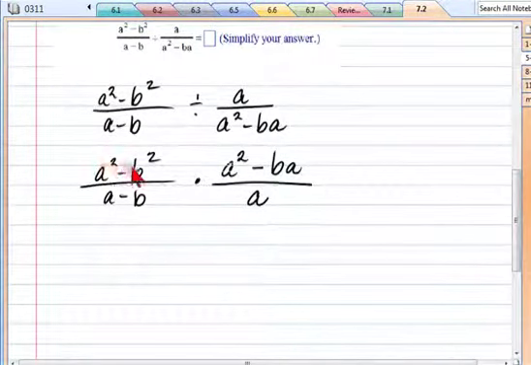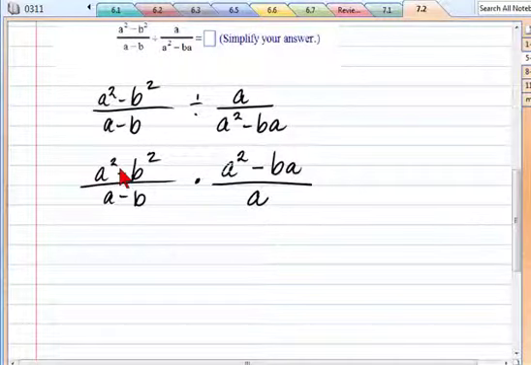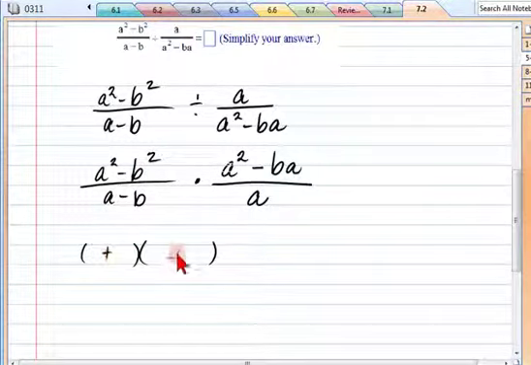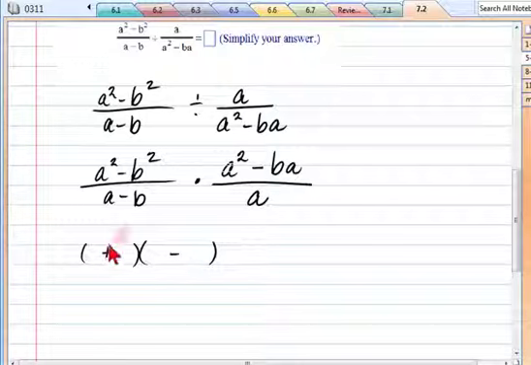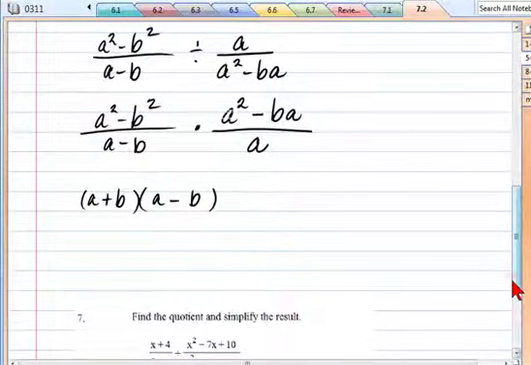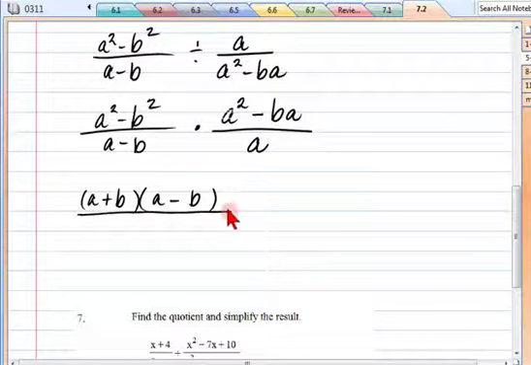All right, numerator of the first fraction. What do you recognize? Squares, difference of squares. A squared minus b squared. It factors into a sum and a difference. A plus b, a minus b. Denominator.